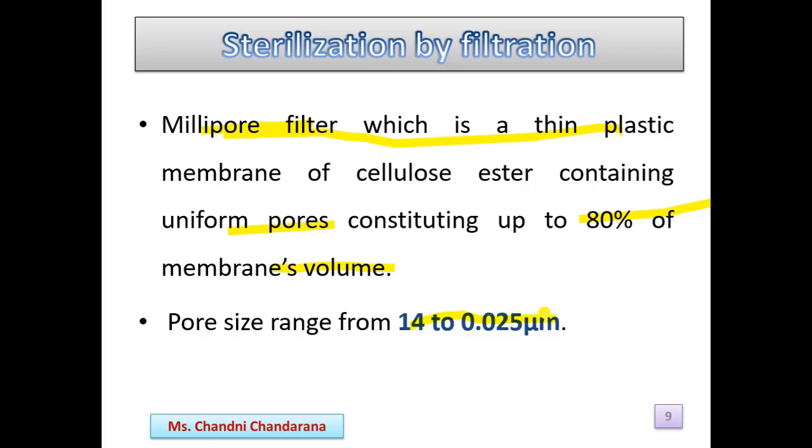Generally, if we want to block small bacteria or viruses, we can use a filter size of 0.22 micrometer. By using this particular filter size, we can complete our target, the sterilization by filtration.